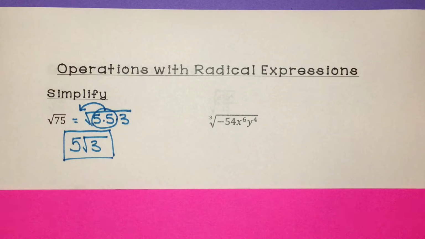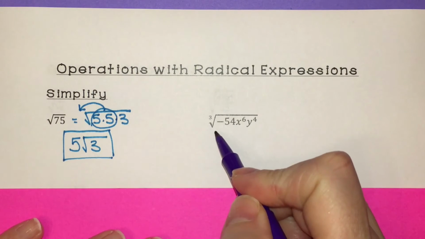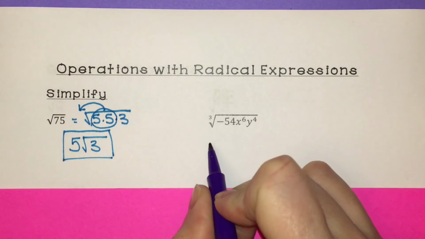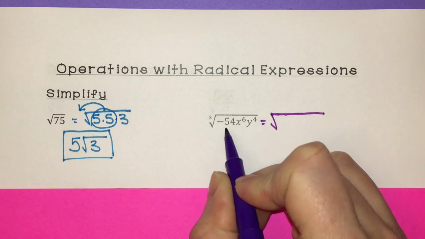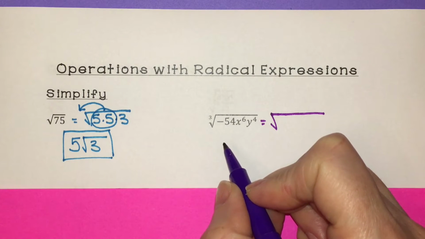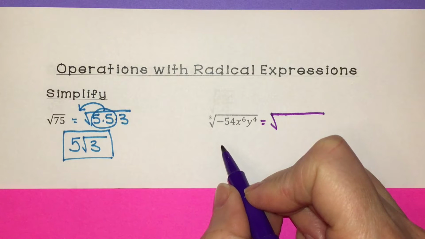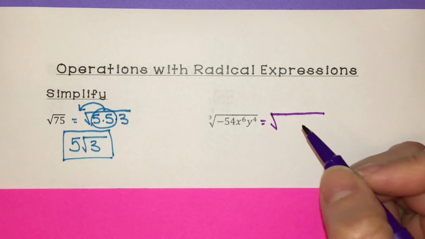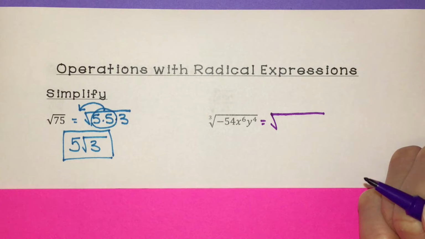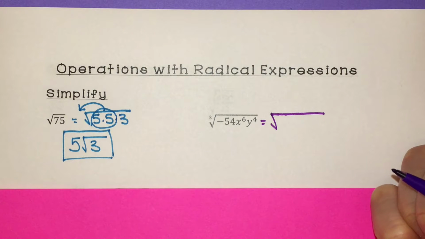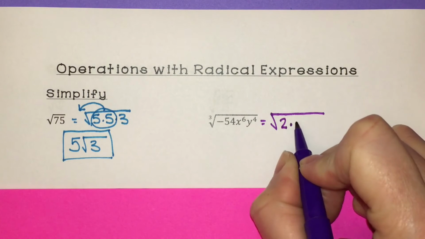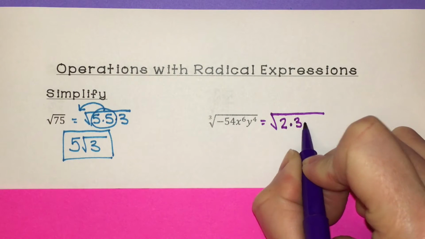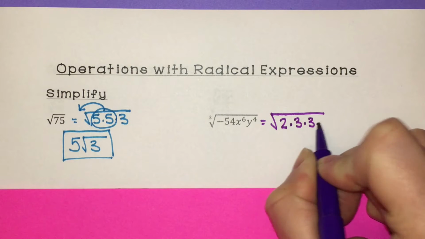Let's try one a little more complicated. This time we have the cube root. 54 is 2 times 27, and 27 is 3 times 9, and 9 is 3 times 3.